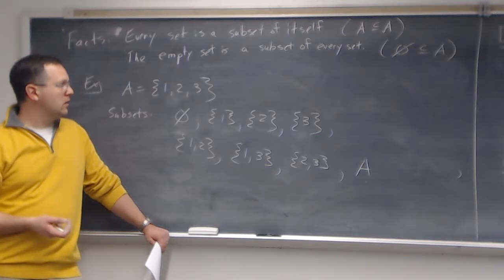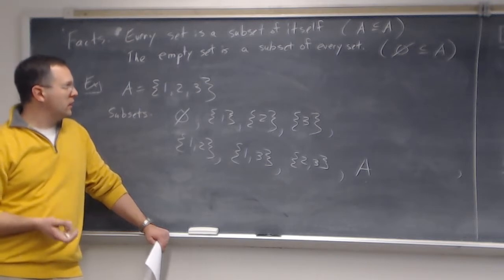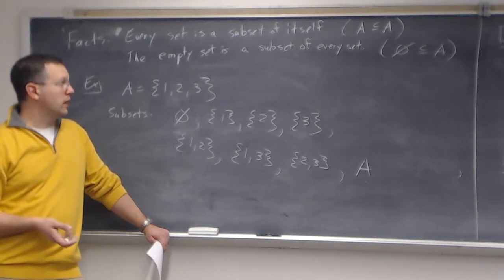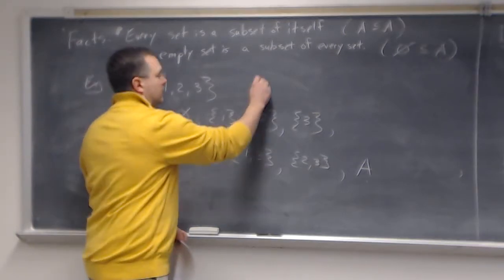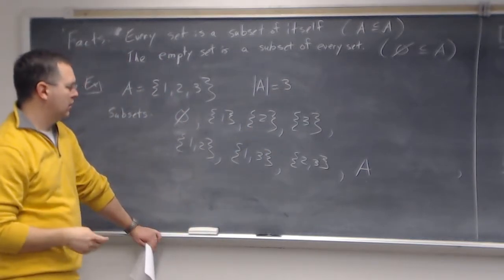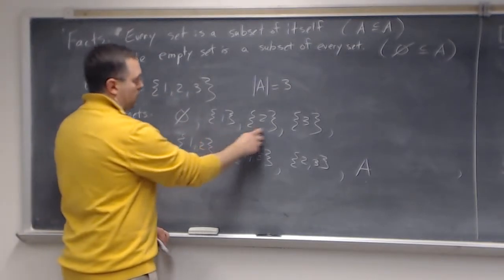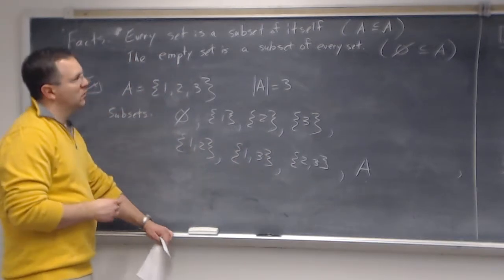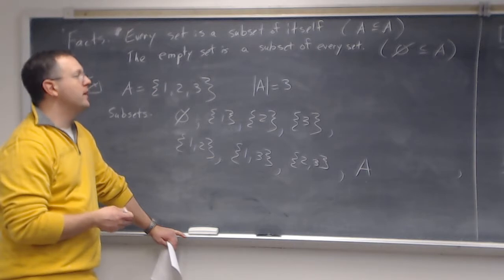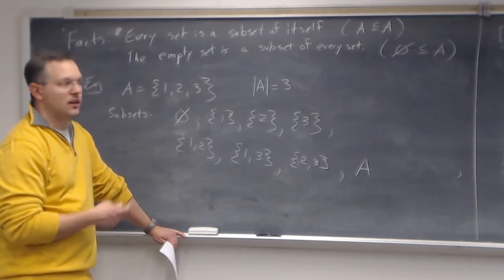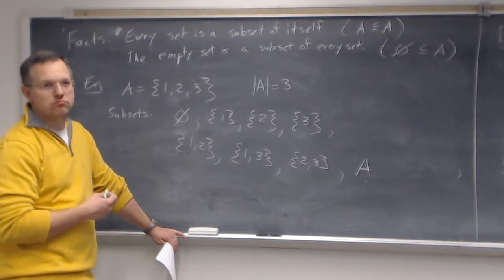So we had 3 elements in the original set, right? The order or the size of A is 3. How many subsets did we get? 8. 1, 2, 3, 4, 5, 6, 7, 8. Wouldn't it be neat if there was a way we could calculate the number of subsets of a set if we already knew the size of the set?